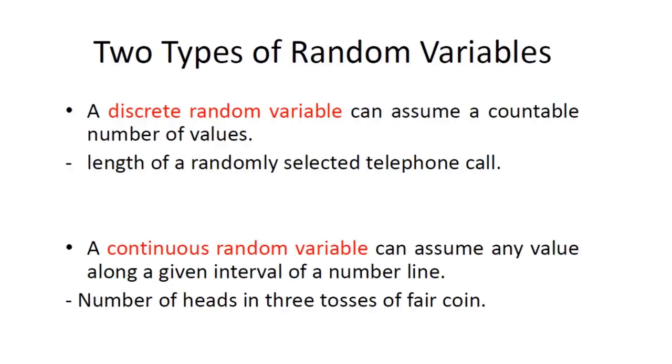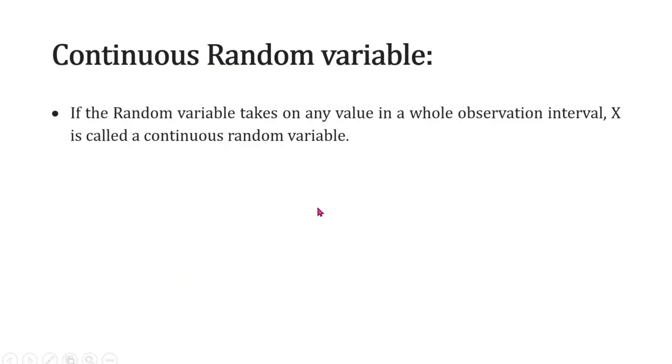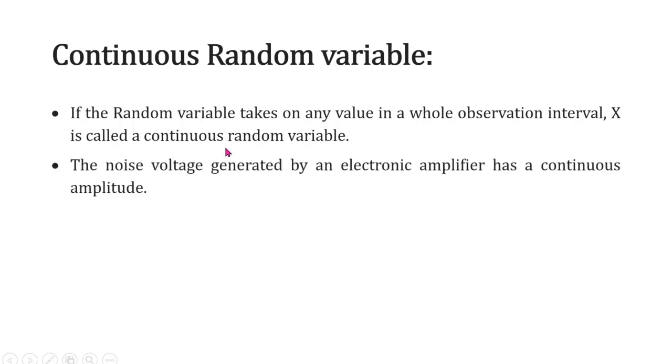In the last class we discussed types of random variables. Let's glance at them once again. There are two types of random variable: discrete random variable and continuous random variable. If the random variable takes on any value in a whole observation interval, it is called continuous. For example, a noise voltage produced by an electronic amplifier has a continuous amplitude.